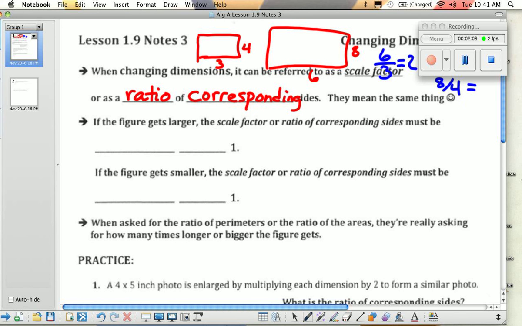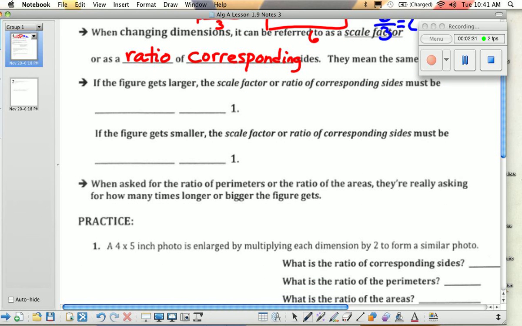What's that simplified to? 2. So in other words, when you have those corresponding sides, you set up a ratio of them, you compare the new to the old, it should always come out to be the scale factor. So the ratio of corresponding sides really means what's the scale factor you used? What's the thing you multiplied by to change the dimensions?